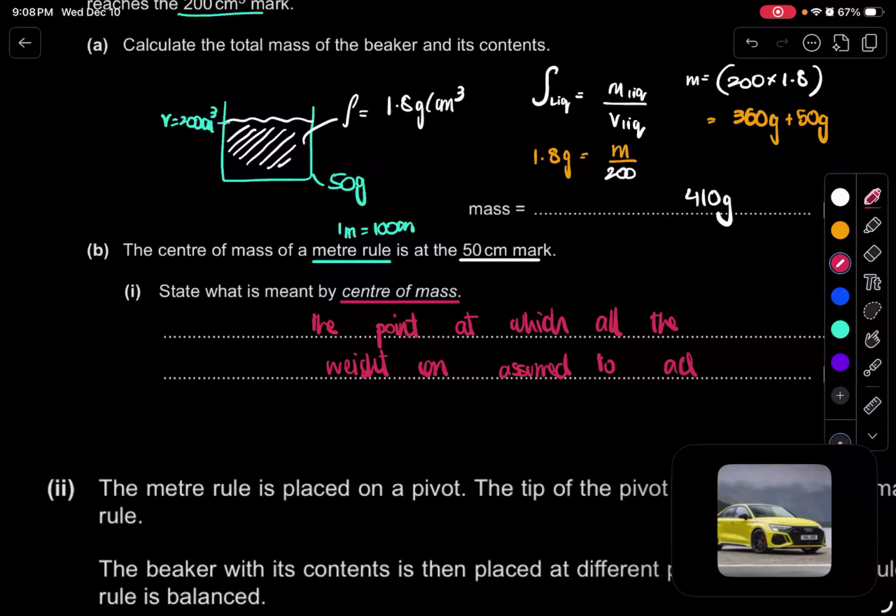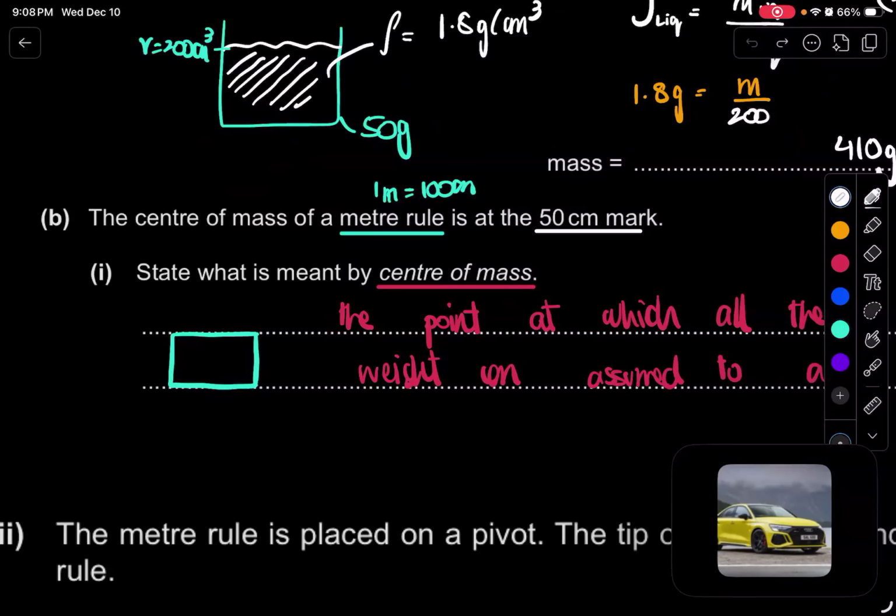It is the center at which all the forces are balanced, and all of the weight can be assumed to be acting at this certain point. For example, if you have a cube, every single particle is going to have its own weight, tiny w, tiny w, tiny w.